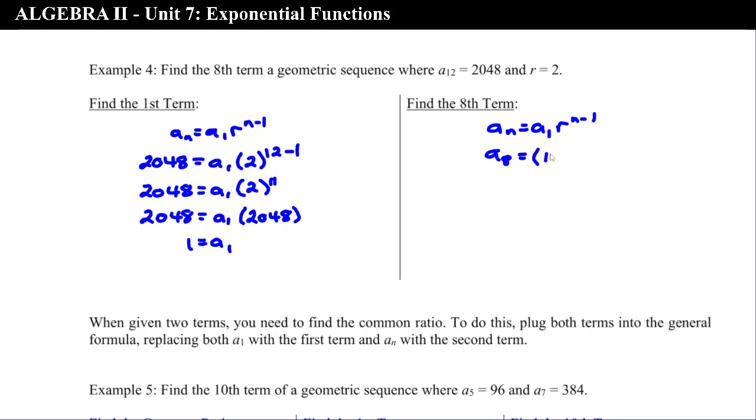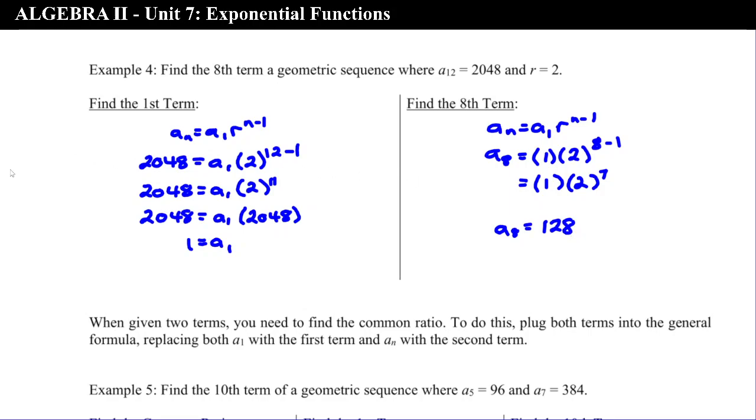We know what a sub 1 is now. We know r because they gave us that, and we're looking for the 8th term, so that's our n. And so we have 1 times 2 to the 7th, and 2 to the 7th is 128. So our 8th term is 128.